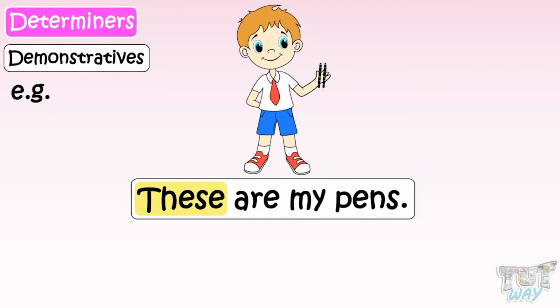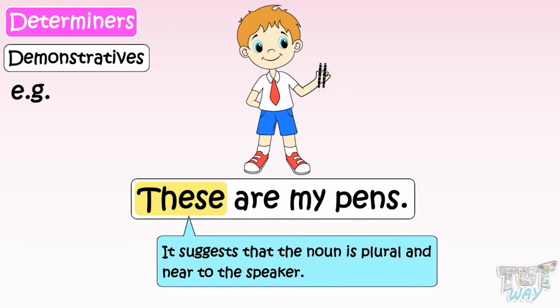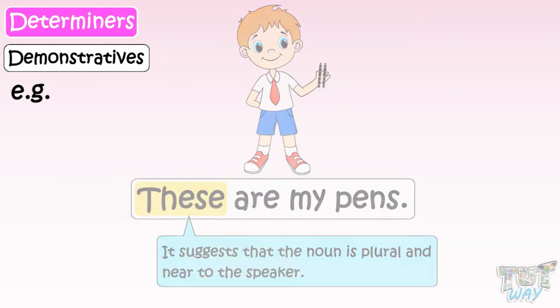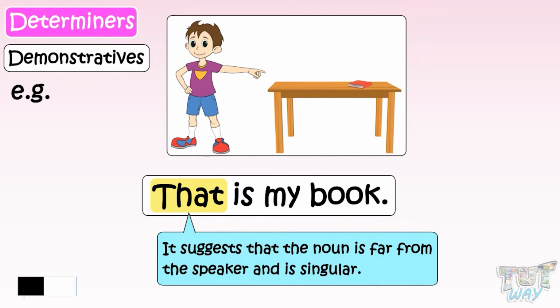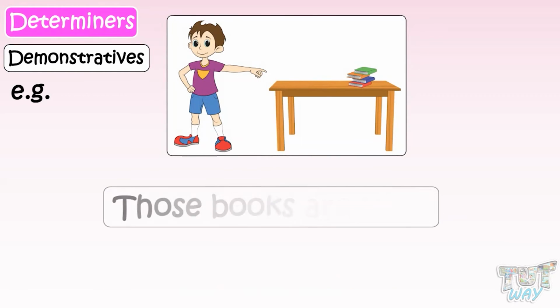Here, these is the determiner of the category demonstrative that suggests that the noun is plural and near to the speaker. That is my book. That is the determiner of the category demonstrative, and it suggests that the noun is far from the speaker and is singular.